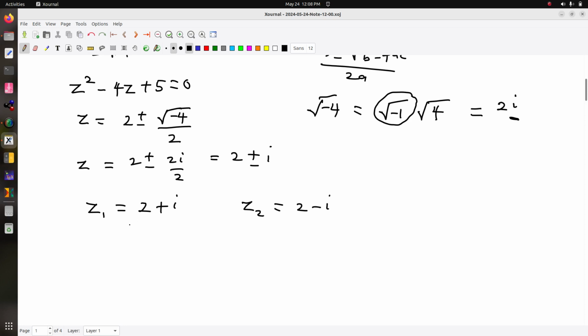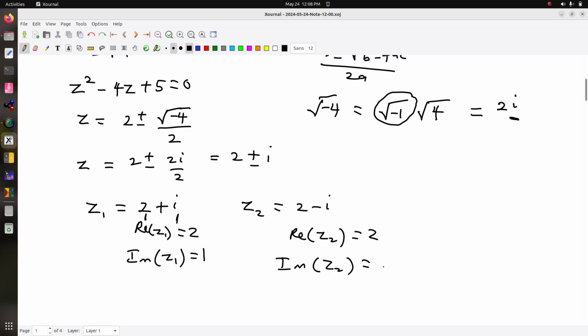The real part of Z1 is 2, and the imaginary part of Z1 is 1, whereas the real part of Z2 is 2, while the imaginary part of Z2 is minus 1. I believe that should be understood now.